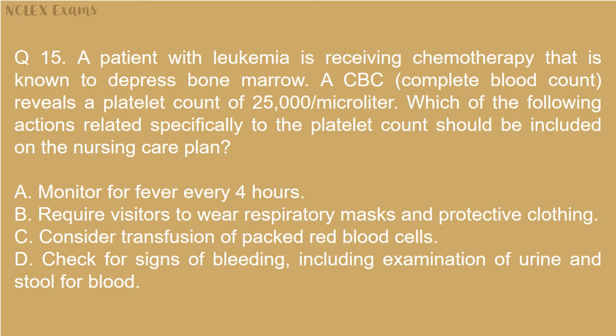A. Monitor for fever every 4 hours. B. Require visitors to wear respiratory masks and protective clothing. C. Consider transfusion of packed red blood cells. D. Check for signs of bleeding, including examination of urine and stool for blood.